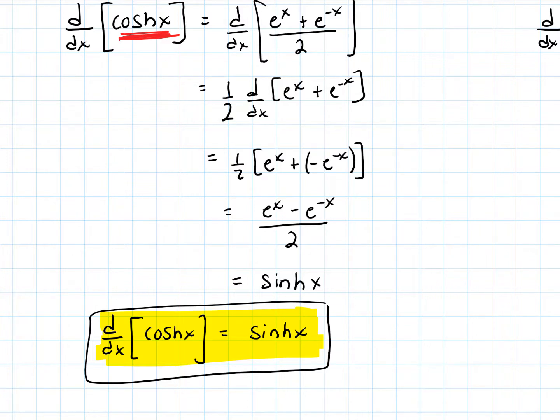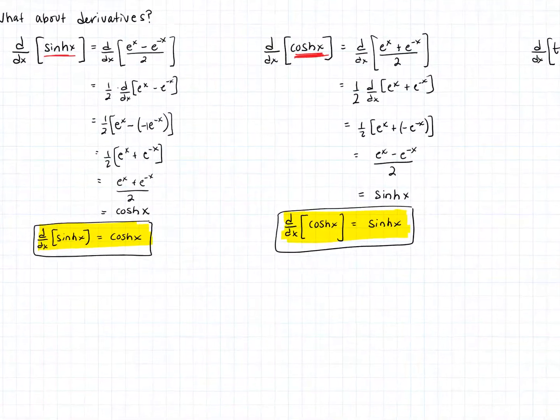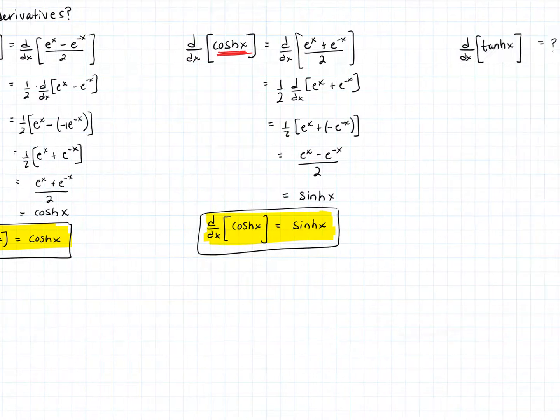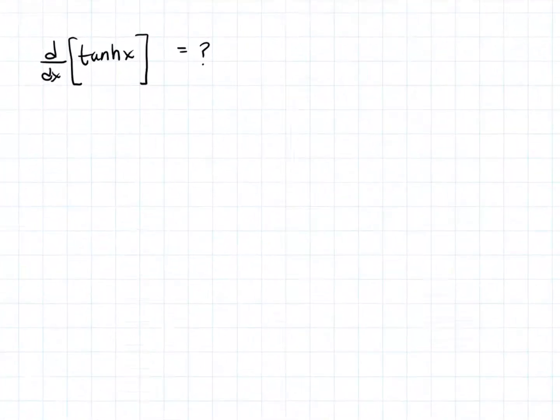If we take the derivative of the cosine of x, we get negative sine of x. That is not the case here. So the derivative of the hyperbolic sine is the hyperbolic cosine, and the derivative of the hyperbolic cosine is the hyperbolic sine. Okay, let's do one more, and then I'll leave the other three for you as exercises and practice.